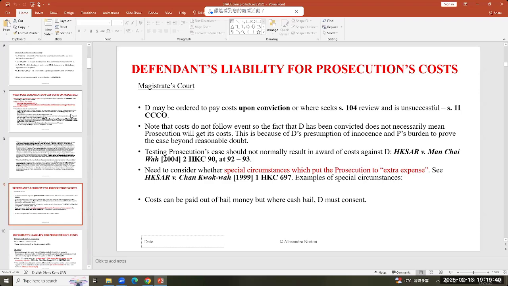The court wants to look at whether there are special circumstances which put the prosecution to extra expense. So some examples of special circumstances may be where the prosecution have asked the defense to agree to admit a Section 65B statement or to admit certain facts under 65C, and the defense have refused.